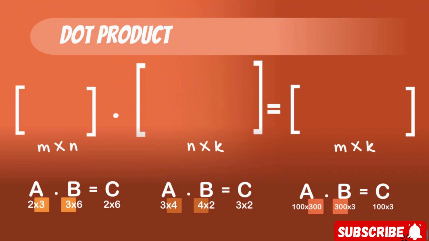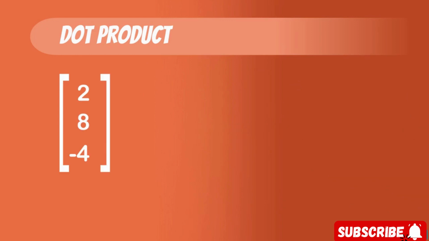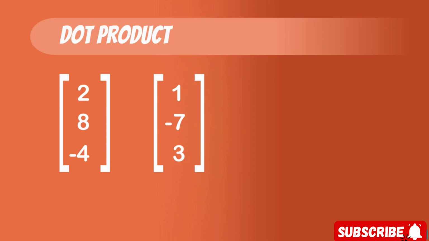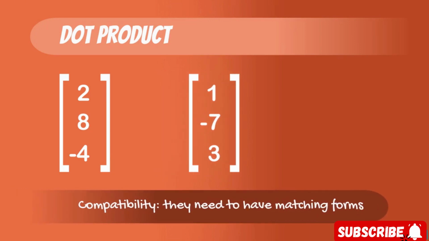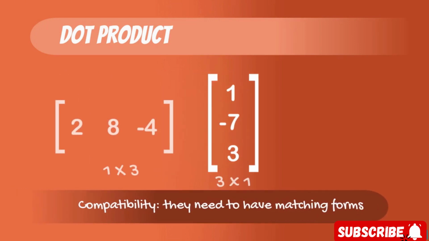How do we actually multiply matrices then? Let's start with two matrices, 2, 8, minus 4, and 1, minus 7, 3. Actually, these are two vectors, or 3 by 1 matrices, right? In order to multiply them, they need to have matching forms. To find their dot product, we transpose the first one and get a 1 by 3 times a 3 by 1 form.